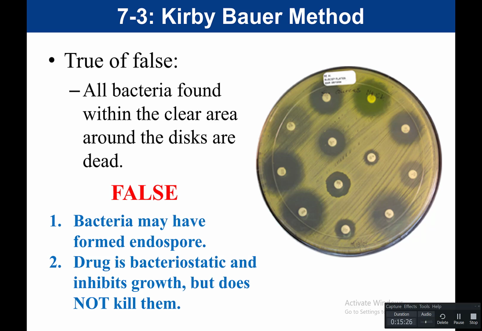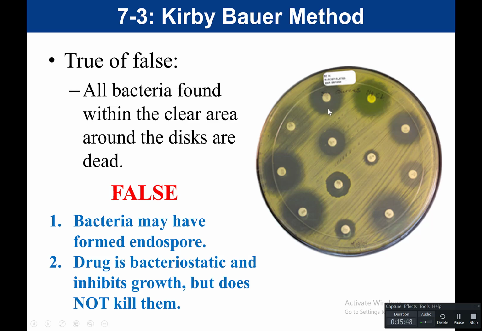Now, how would we test if bacteria are actually killed within the clear zone? One of the ways that we could determine if bacteria are dead within the clear zone would be to take a swab or a loop and basically just touch it to this clear zone, right?